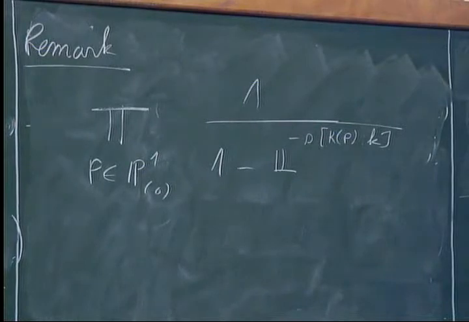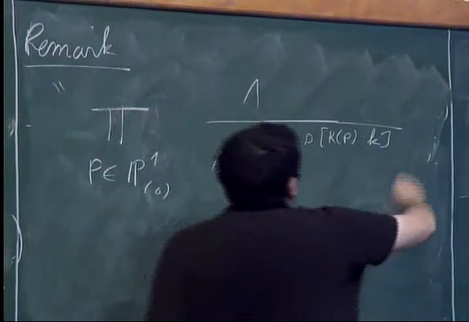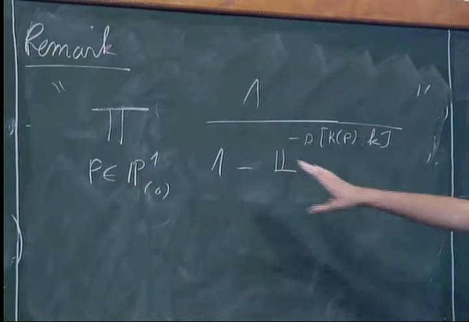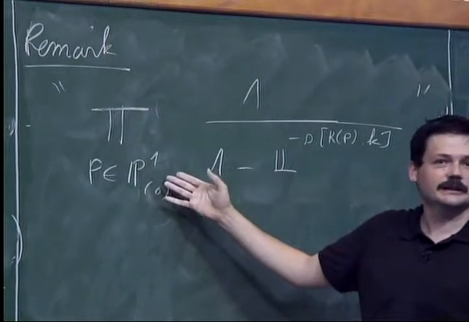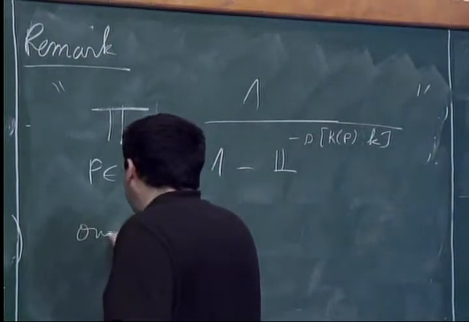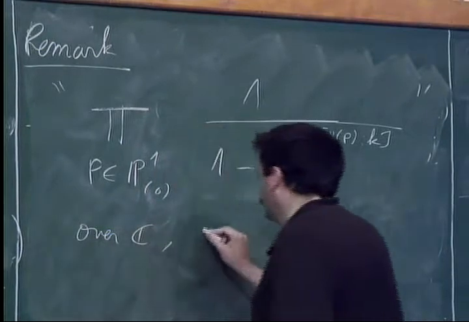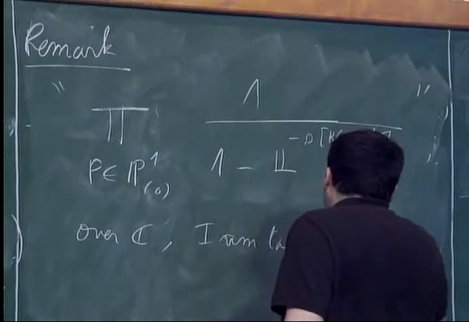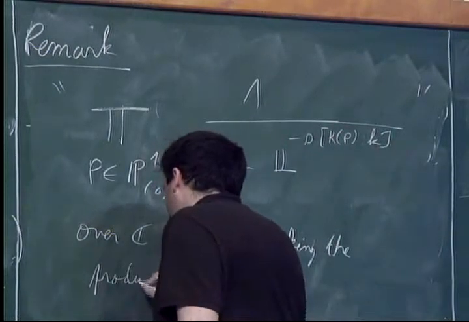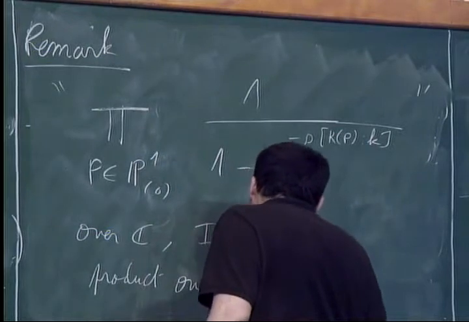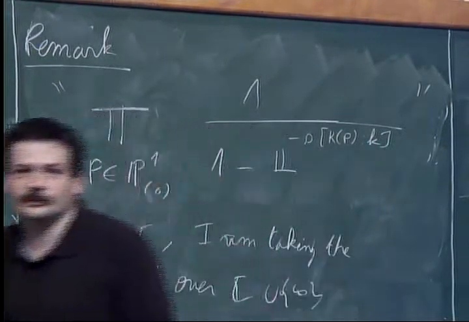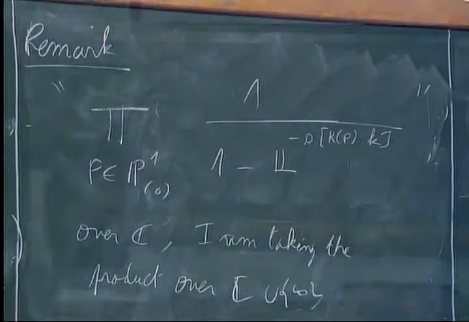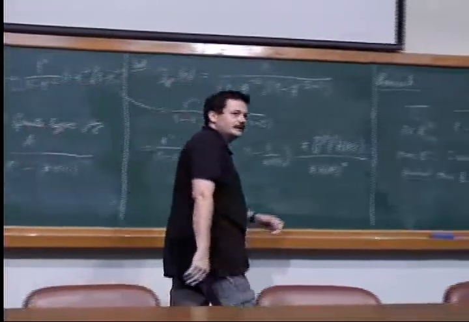Okay, this is formally what I want to have. Except that here I am taking a product, let's say if it is over C, over C union infinity. So it's infinite and it's not even countable. So I have to give some meaning to this infinite product.